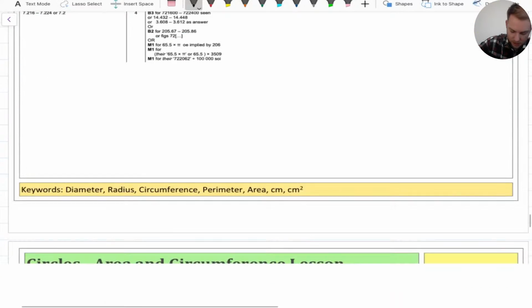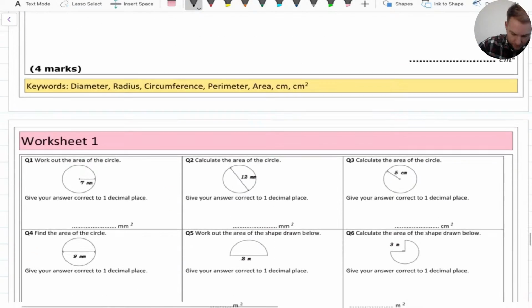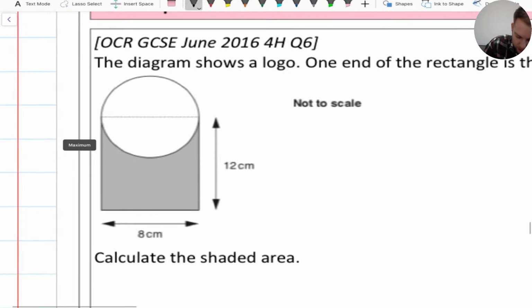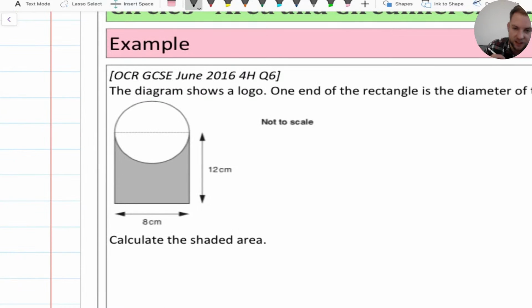Okay, so let's have a look. This will be the last question we have a look at. So this here actually came up in the higher paper in 2006. Question 6 on it was. Now, the thing here with this one, zoom in here, we're trying to find the shaded area, so this area of the bottom.